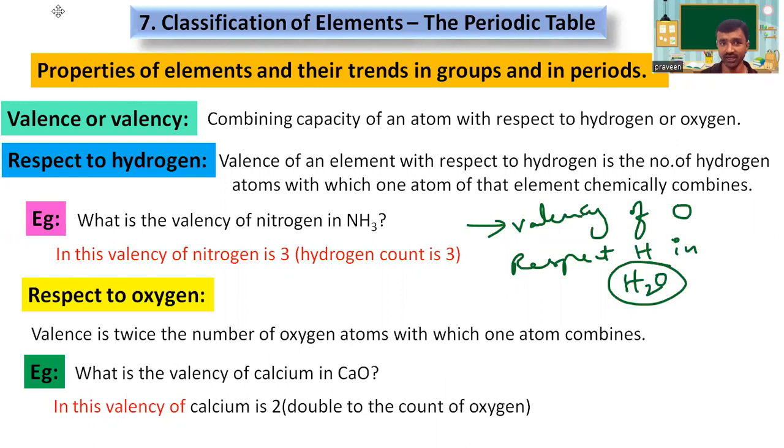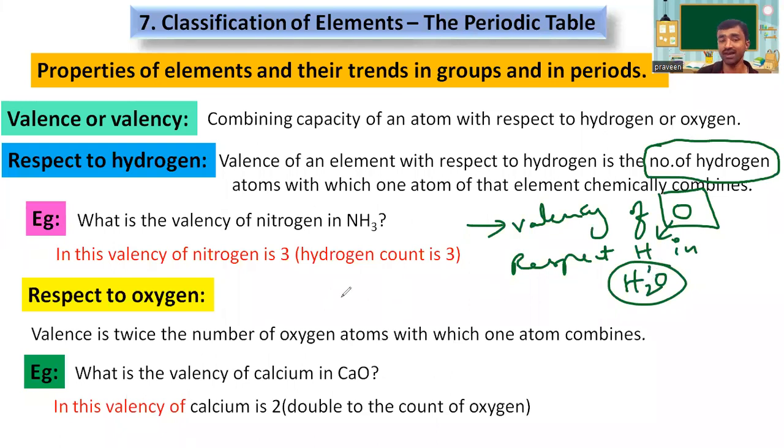What is valency? The combining capacity of an atom with respect to hydrogen or oxygen. Here I am asking you the valency of oxygen with respect to hydrogen. What we follow is the count of the number of hydrogens combined by oxygen. So how many? 2.